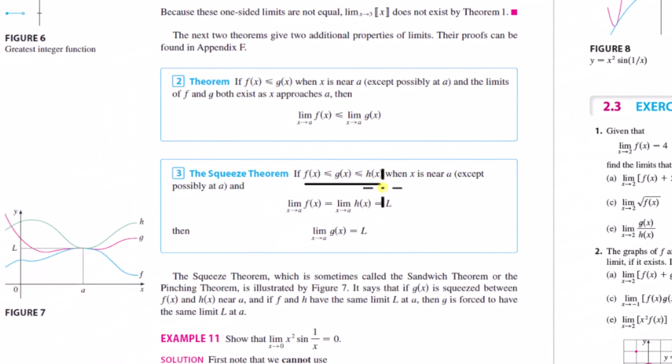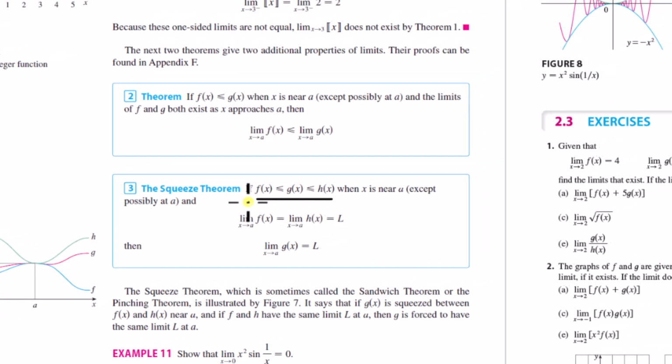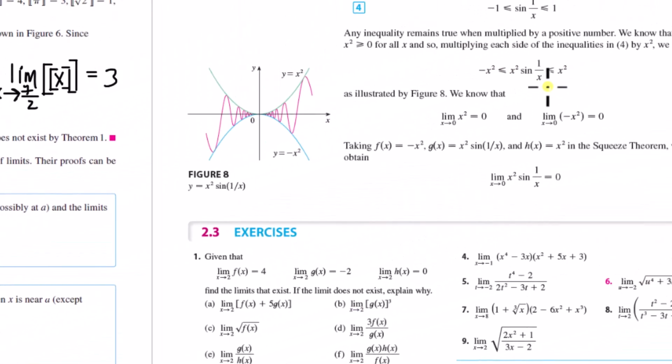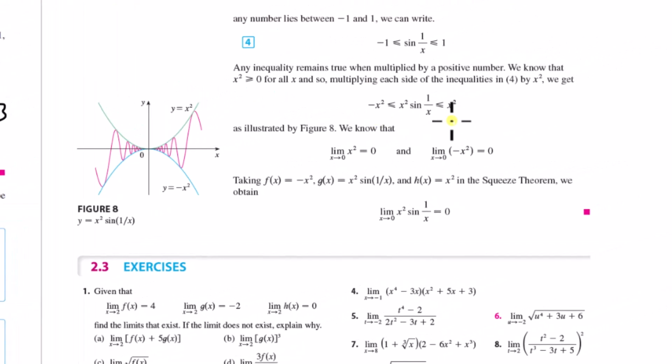So there's more flexibility than this example we're looking at right here. They proved that this was true for all x, which is nice, but you really only need to analyze around the limit value itself.